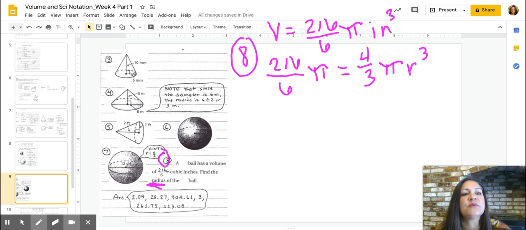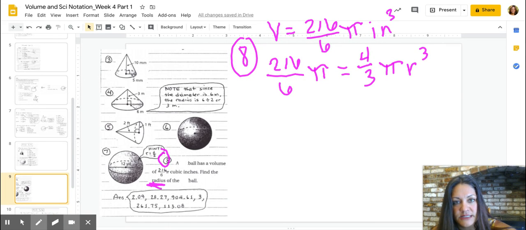The question is find the radius of the ball, so we are solving for r. First thing I'm going to do is simplify this fraction over here. 216 divided by 6 is 36, and we actually just had that in 6 cubed.